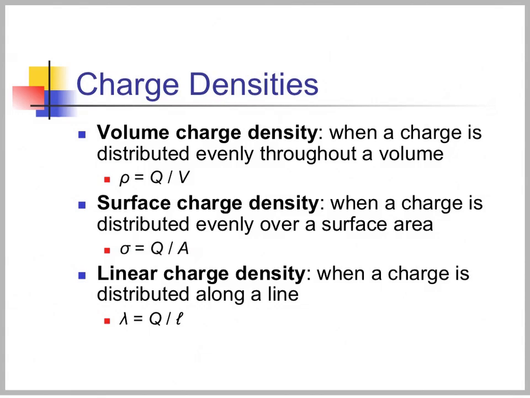Or I might have charge continuously distributed in a line or along the curve of an arc. Then I'll get a linear charge density. So when charge is distributed along a line, lambda, the linear charge density, is the total charge over the total length of the line.